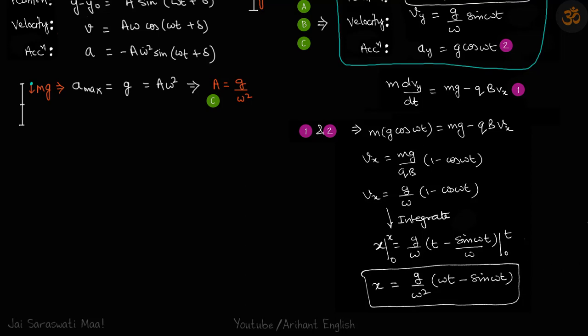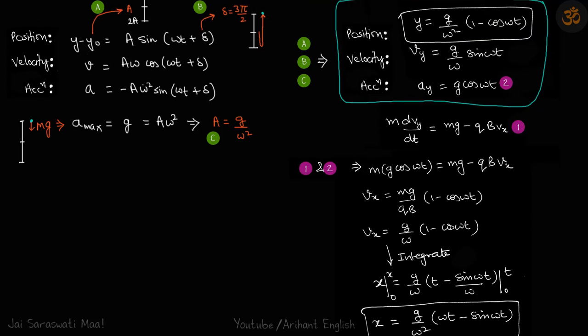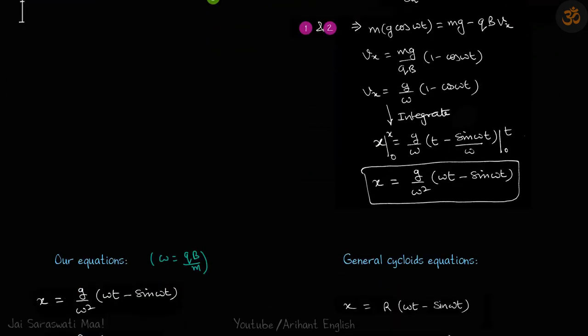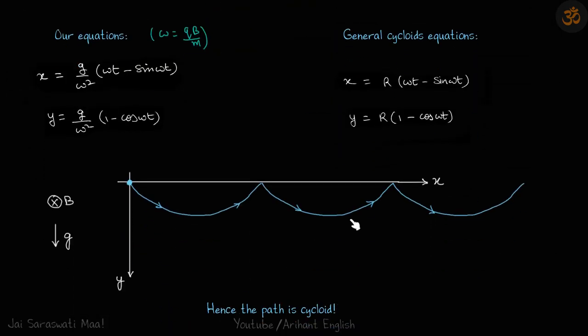So we have got the position x and we have got the position y as well. Now let's write them separately in a next page and compare it with the cycloid. So our equations are x is equal to g by omega square times omega t minus sin omega t, and y is equal to g by omega square times 1 minus cos omega t.